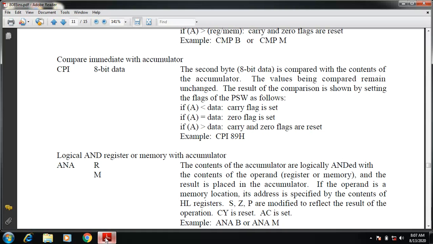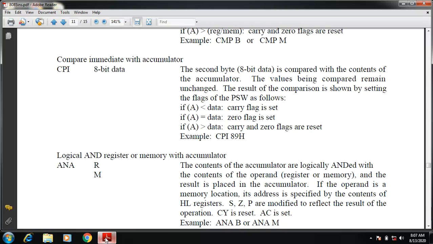If A is less than data, the carry flag is set, that is 1. If A is equal to data, that is, the accumulator and the operand data are equal, the zero flag is set, that is Z equals 1, otherwise 0.